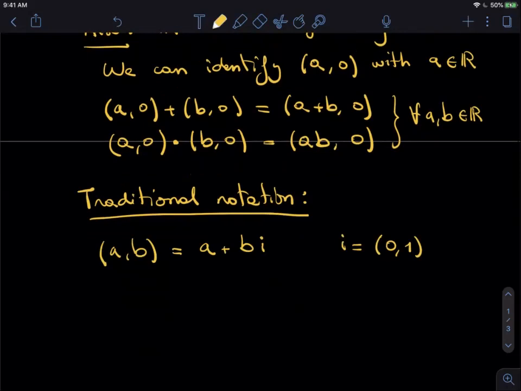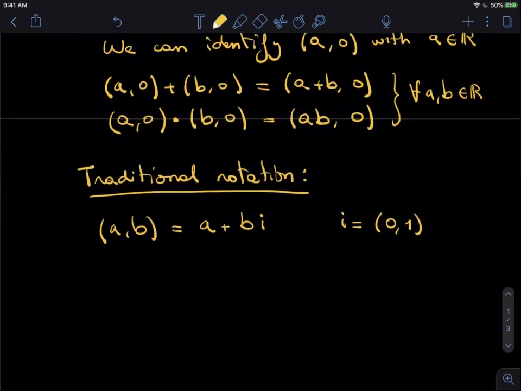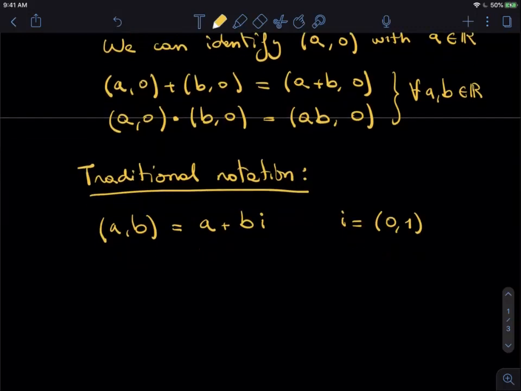Within the notation we are using now, it is just (0, 1). Now, usually we will write i equals square root of minus 1. But the square root of a negative number is not defined. We just call it i.